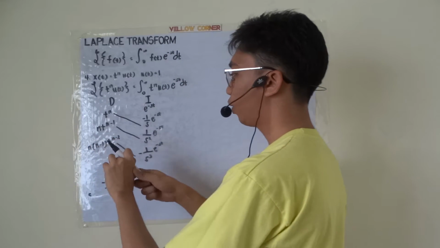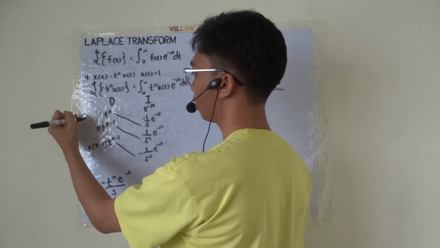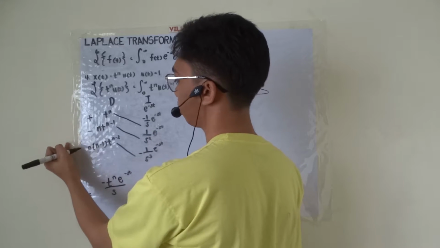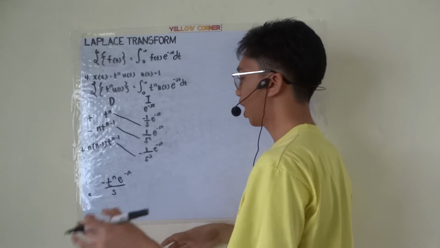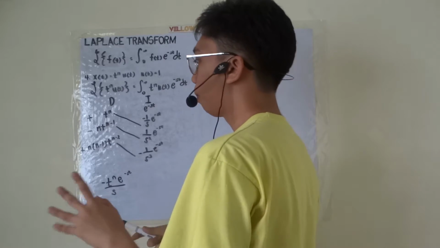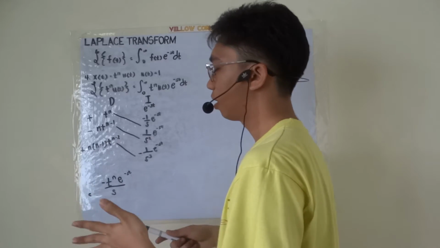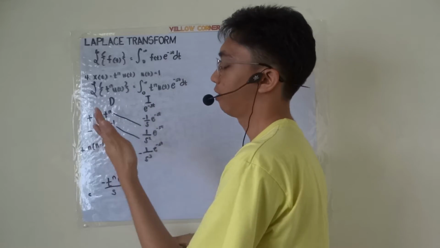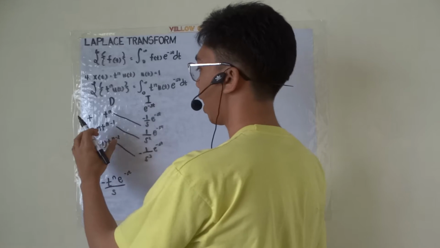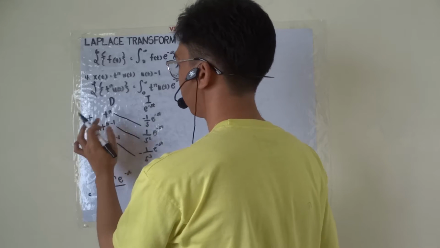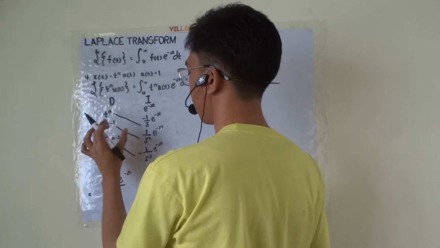And don't forget the sign convention of this method: positive, negative, and positive. It's always alternating signs of positive, negative, positive. So we have this multiplied by each other.